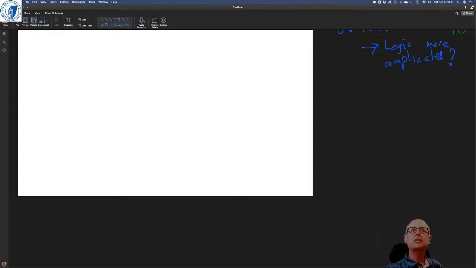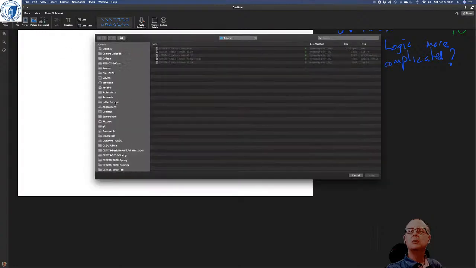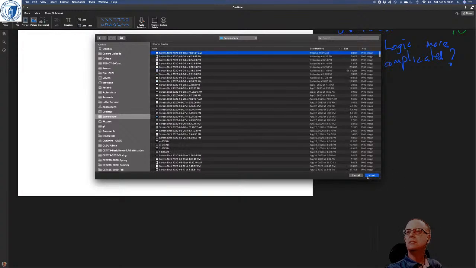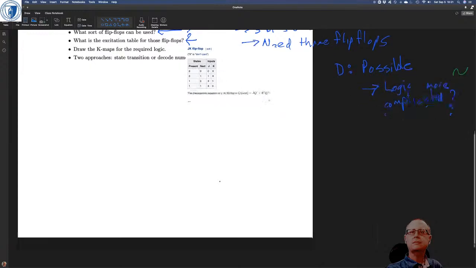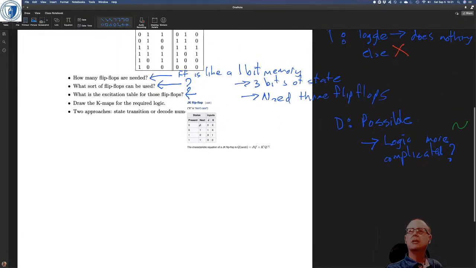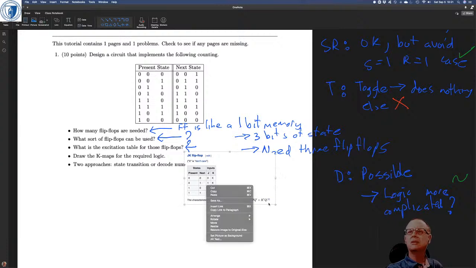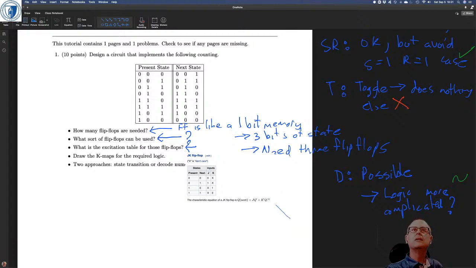Insert picture, and we'll go from the screenshots directory. Oh, there it goes. I don't know whether I can make that a bit bigger.